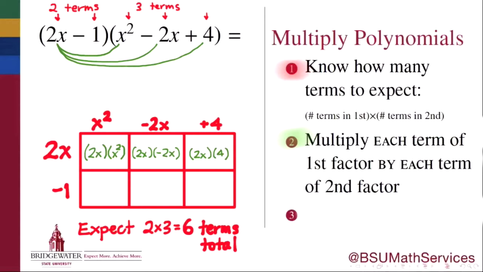So now the 2x has been multiplied by each of the 3 terms in its opposite factor. The same must then also be done with the other term in our first factor, negative 1. Negative 1 must be multiplied by x squared, and it must be multiplied by negative 2x, and it must be multiplied by positive 4. So the 6 multiplications that we have to do are now shown inside of our grid.